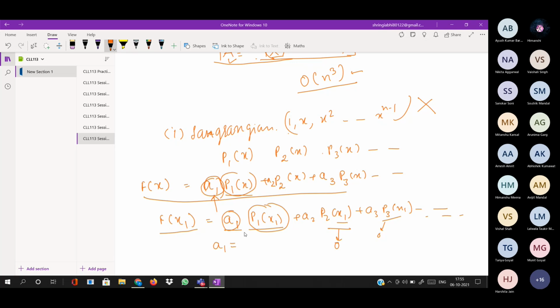You have to just think about how we can fit a curve to a particular function. Otherwise, there is nothing in this assignment. So fx1 divided by p1 x1, that we have taken to be 1, right?